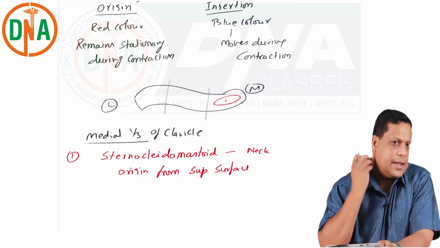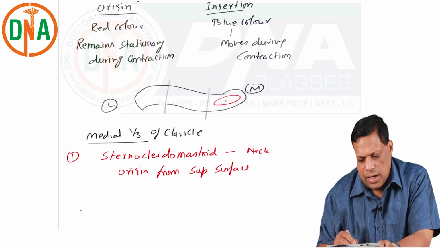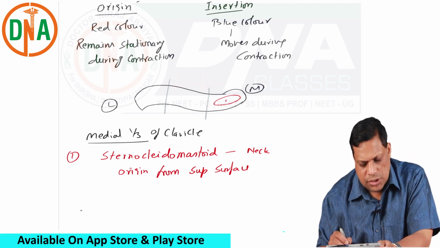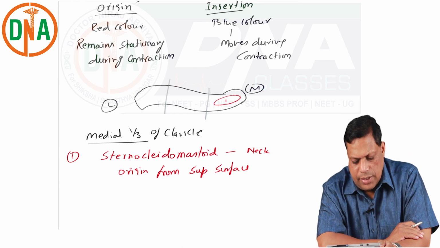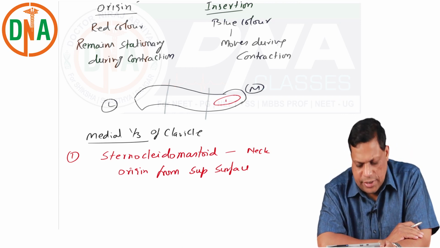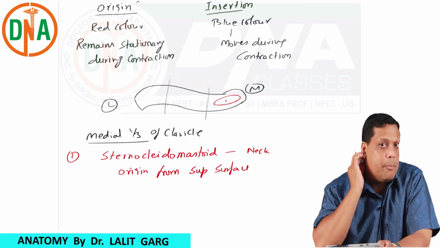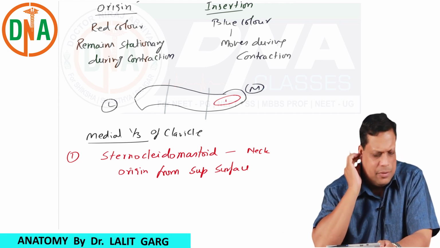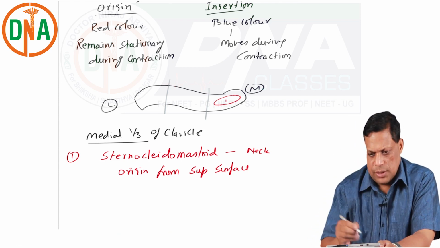Sterno means sternum, cleido means clavicle, and mastoid means mastoid process. So this muscle takes origin from the sternum and clavicle bone, and it is inserted at the mastoid process of the temporal bone, present behind the pinna, easily palpable. So this is the sternocleidomastoid muscle.